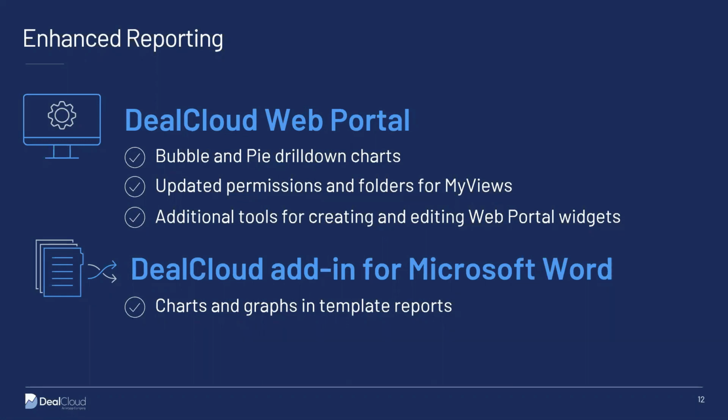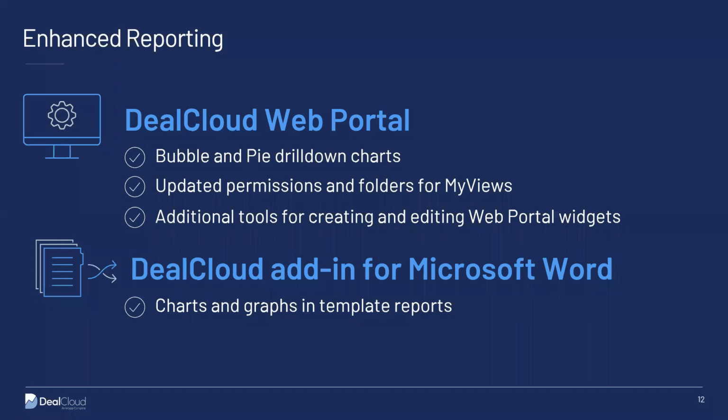I'll start with our two new chart types, our bubble and pie drill down charts here. Where these are unique is in the way that they allow us to support third variables of reporting. So for instance, you could picture creating a bubble chart in your site where you organize opportunities sourced by volume and size, and then show bubble size by the number of opportunities that you source from a firm that ultimately closed, right?